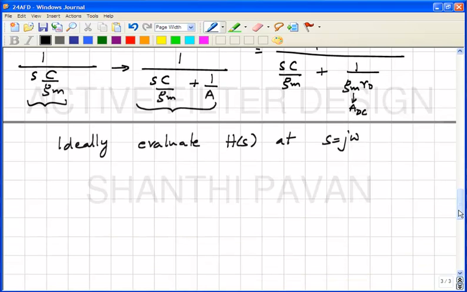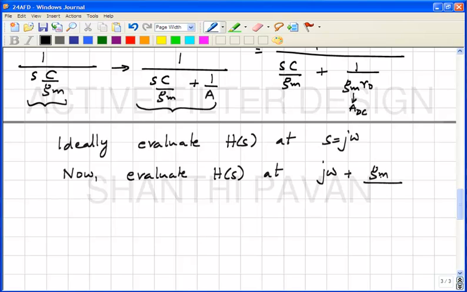To find the effect of finite gain, you now evaluate H of S at j omega plus Gm by CA.